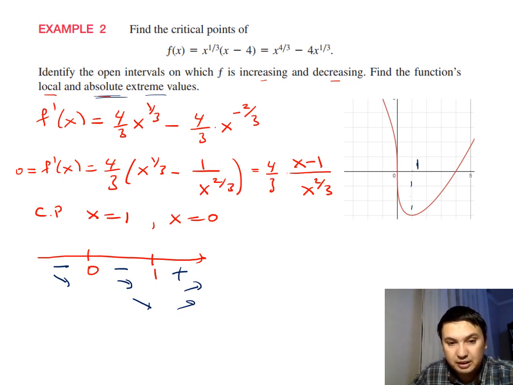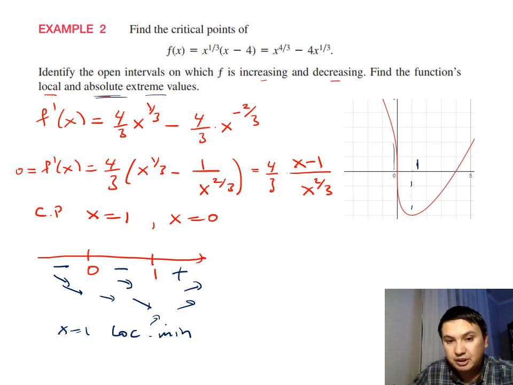So at x equal to 1, I have a local minimum, right? But at 0, we don't have anything, because it decreases and it keeps decreasing, right? So there is no local maxima and no local minima there.